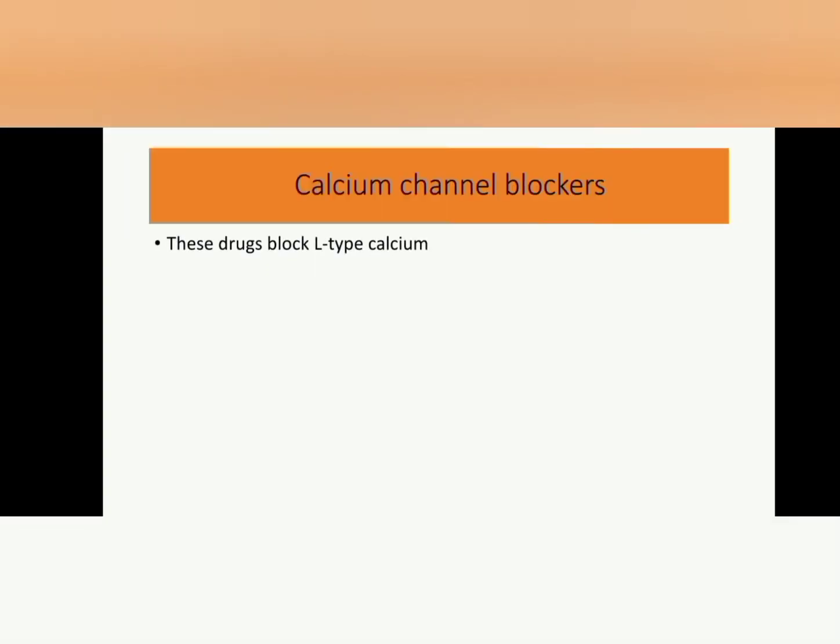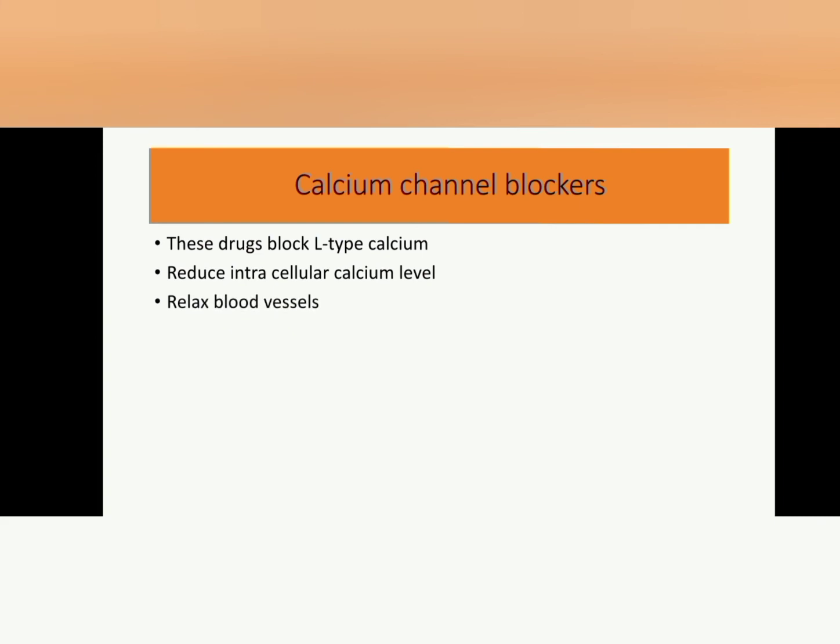Calcium channel blockers. As its name indicates, it blocks calcium channels, especially L-type calcium channels. So it reduces intracellular calcium level. It is obvious that when calcium channels are blocked, no more calcium is going inside the cell, so there will be reduced calcium level inside the cell. It will relax blood vessels.